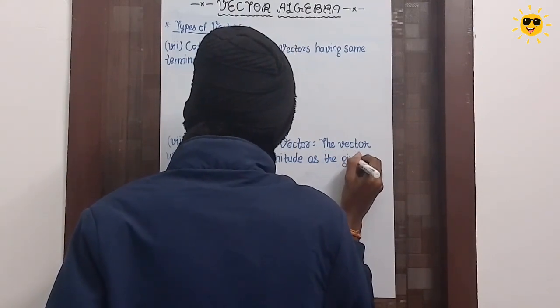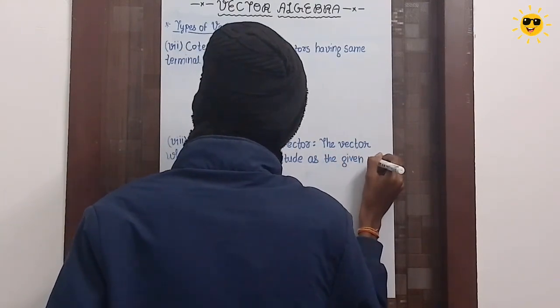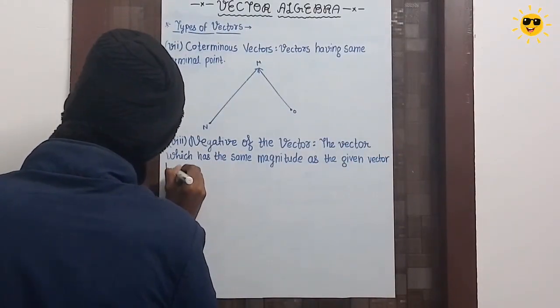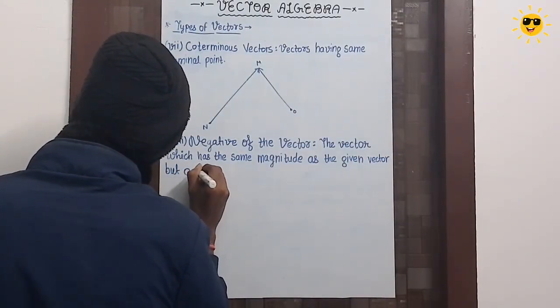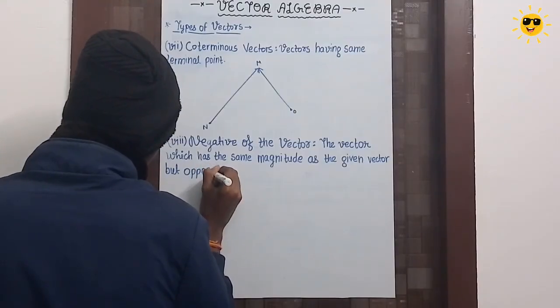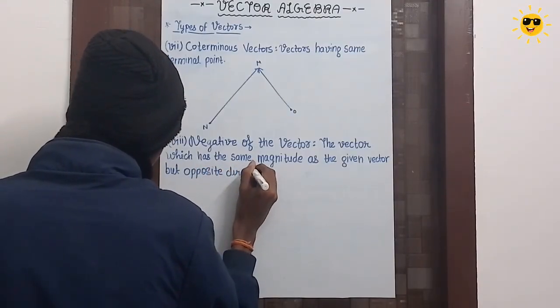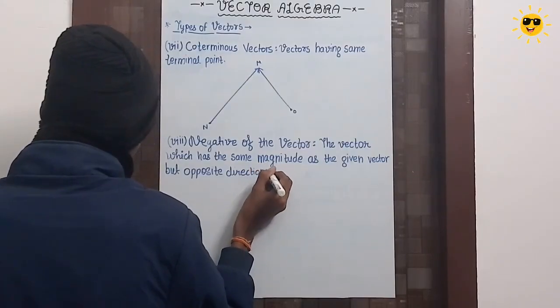There will be a given vector, remember, but opposite direction, total opposite direction, 180 degrees.